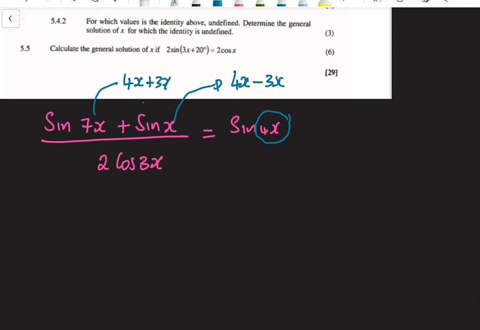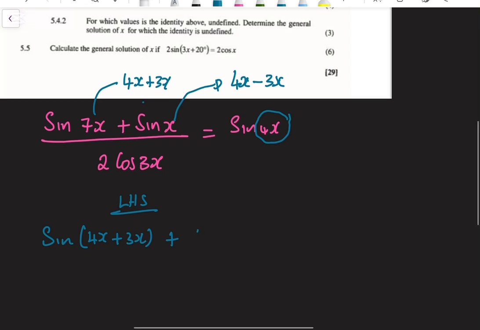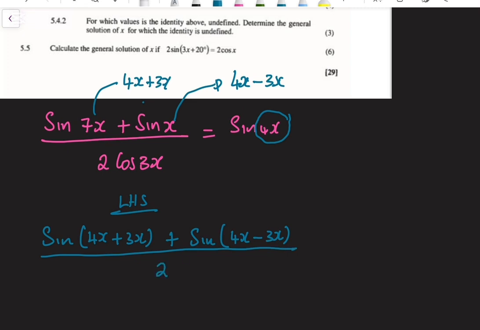Now, we can write it, okay, we are choosing our left hand side, by the way. So we change 7x to 4x plus 3x, and then plus sine, we change x to 4x minus 3x, all divided by 2 cos 3x.